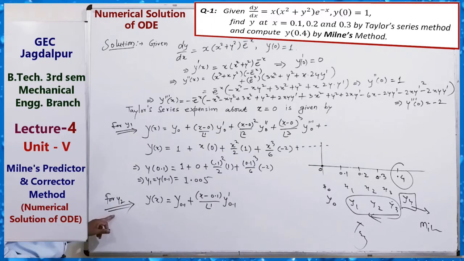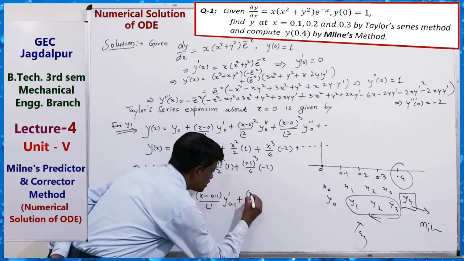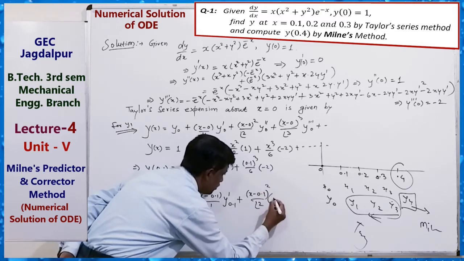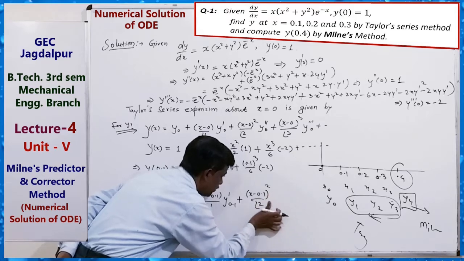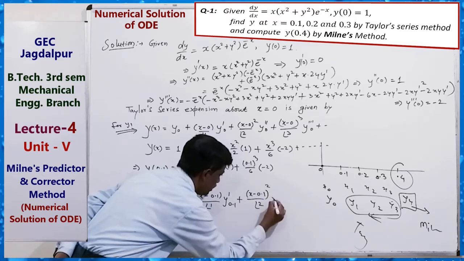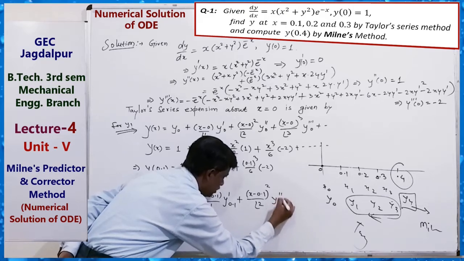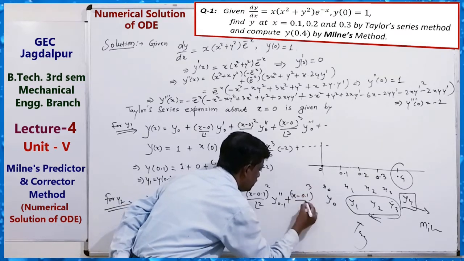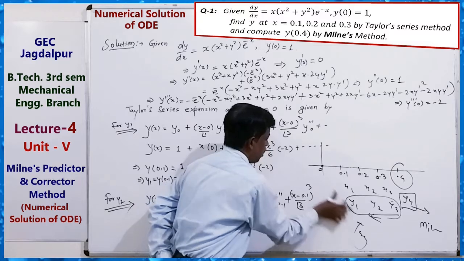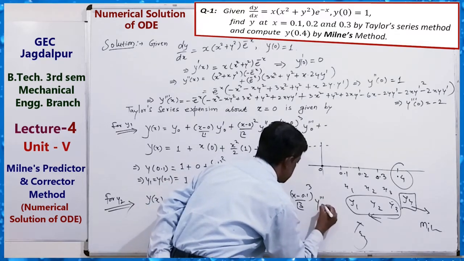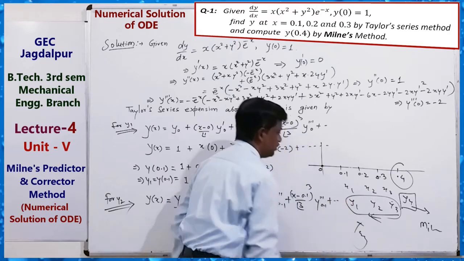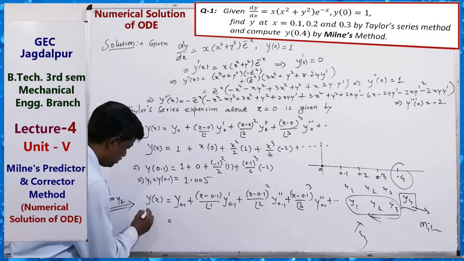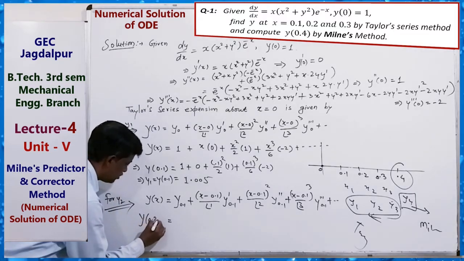So here, (x minus 0.1) square by 2 factorial y double dash at 0.1, plus similarly (x minus 0.1) cube by 3 factorial y triple dash at 0.1 and so on. Clear? So from here we can get the value of y at 0.2.